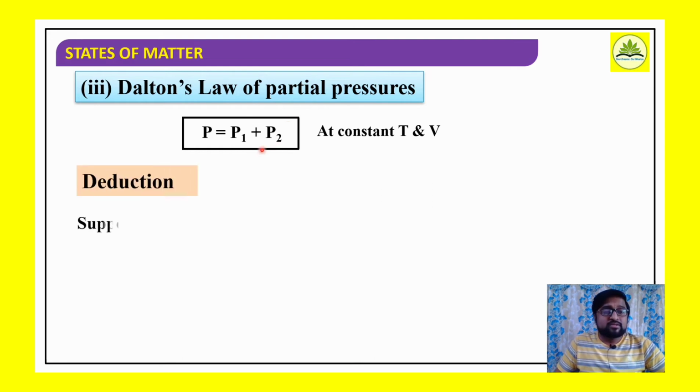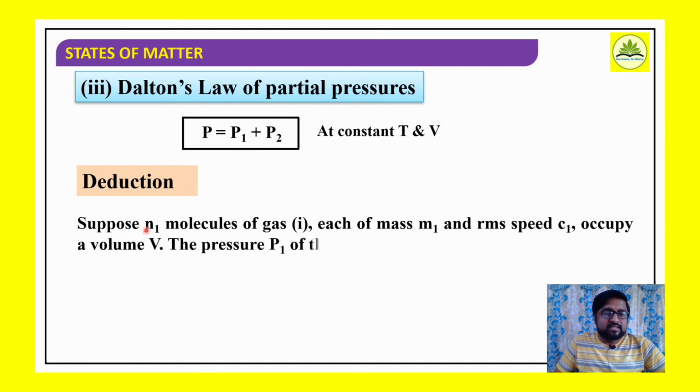Well, for the deduction of Dalton's law of partial pressure, consider N1 molecules of the first gas, gas A, each of mass M1 and root mean square speed C1. N1 is the number of molecules, mass is M1 and their speed is C1.